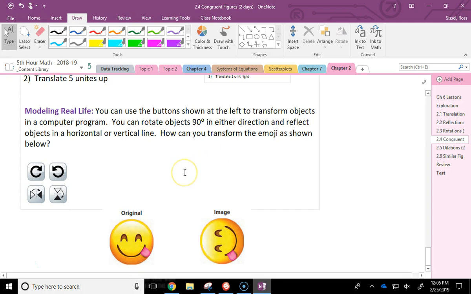I'm not worried about this. So here's what I'm going to do. This last one, same thing. How do I get from the original emoji to the second one?